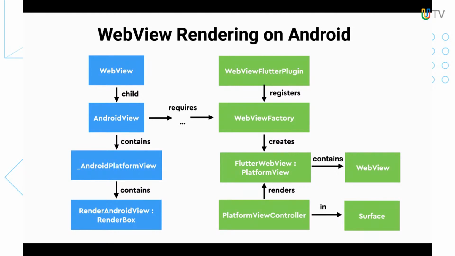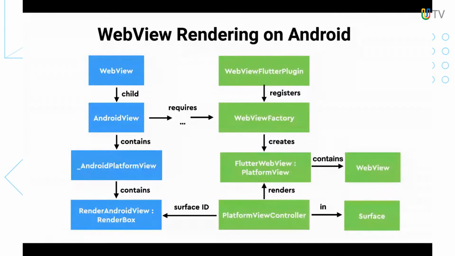And now back to the Flutter side. I know that this is very confusing, and I understand, but the whole idea is that the Android view on the Flutter side will ultimately generate a render box, which is going to be used to draw things on the screen.